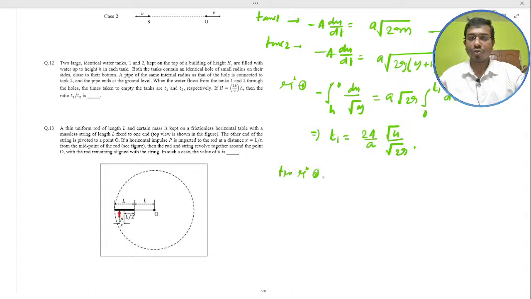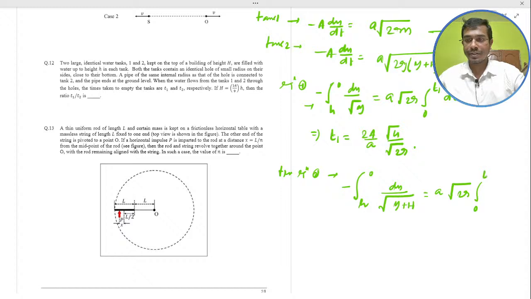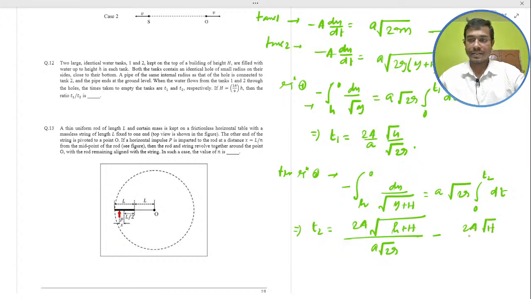And from the equation 2, okay, that the minus integral h to 0 dy by square root of y plus H is equal to a square root of twice g, simple as it is, 0 to t2 dt. You would get the value of the T2 twice square root of h plus capital H divided by square root of 2g minus twice square root of capital H divided by square root of 2g.